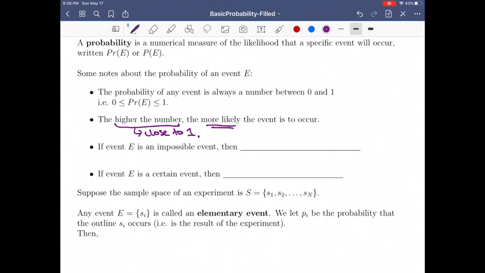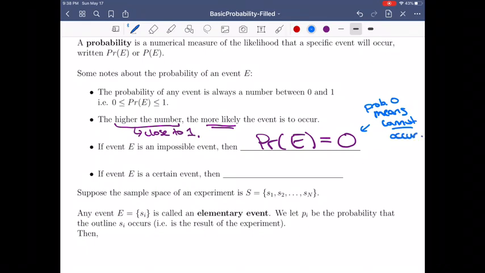Now, we talked about an impossible event in the last video. So if E is impossible, that means that it definitely cannot happen. In that case, the probability of E, so the likelihood that E happens, is 0. This is the minimum number. So probability 0 means cannot happen.